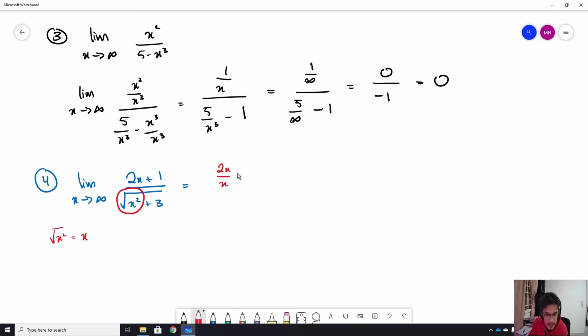Jadi kita akan buat dia jadi macam ni, 2x over x plus 1 over x over x square plus 3 over x square. Okey, yang bawah kita masih kekal ambil x square, tapi kita akan masukkan dia ke dalam square root. So dia maksudnya dia masih lagi x power of 1. So yang ni akan jadi 2 plus 1 over x over square root of 1 plus 3 over x square.